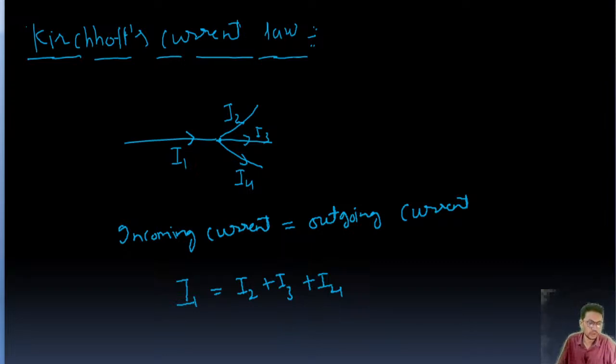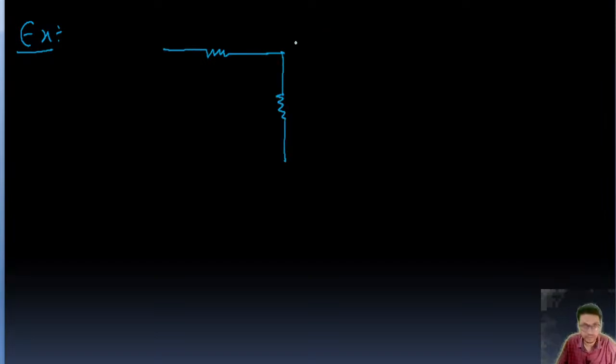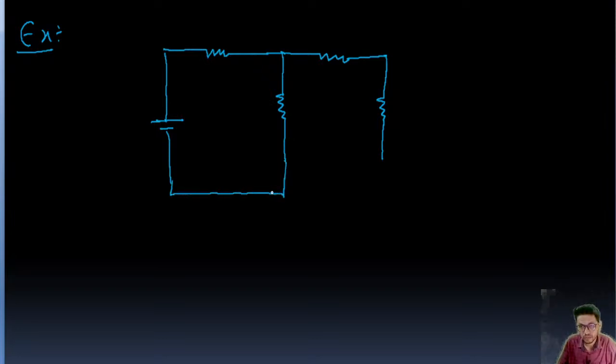Next guys, I'll explain it by example. For example, we have a circuit. This is R1, this is R2, this is R3, and this is R4.